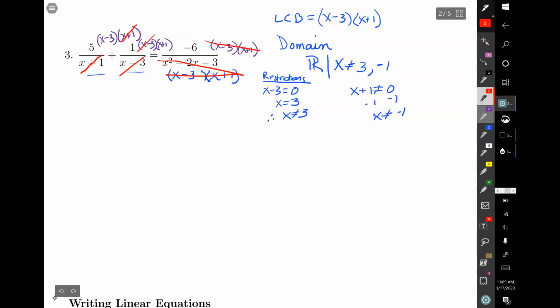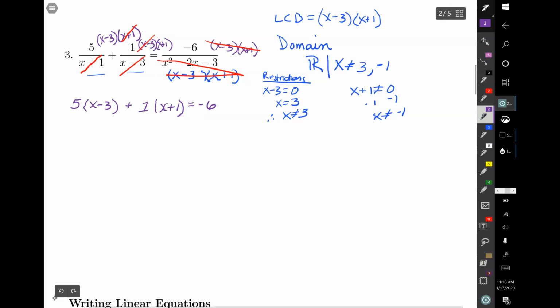So I am left with 5 times x minus 3 plus 1 times x plus 1 equals -6, and then I have nothing left to multiply there.